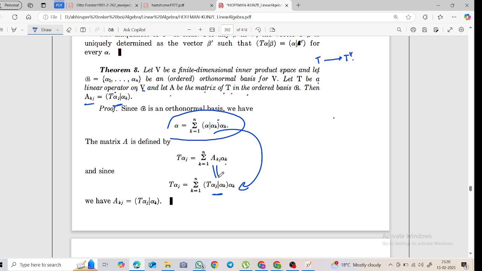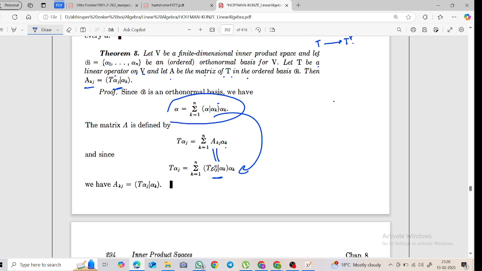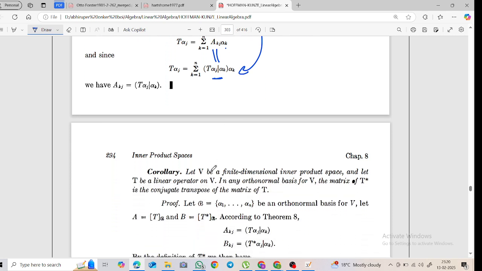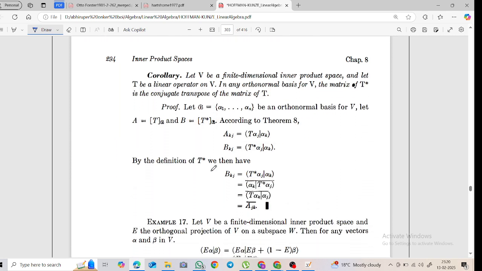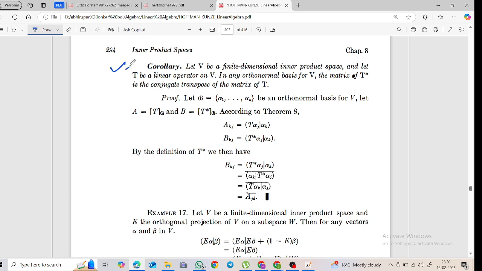Hence, you get this equality. I mean, A k j is this, right? Now, I think they will tell something. Yeah, that was something I was talking about. Just read the corollary, please go through it. You will realize that the matrix of T star is basically A star, the conjugate transpose of A.